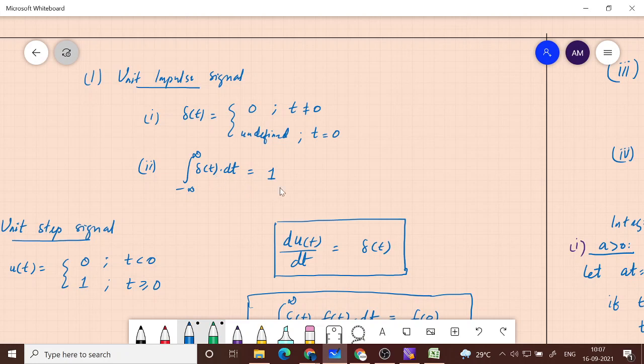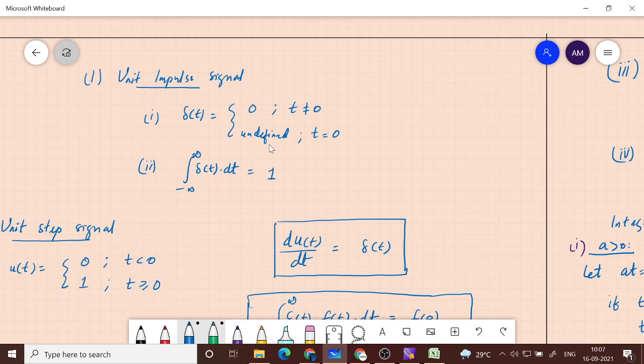When you integrate it, it has unit energy, or unit strength, inside. Here it is only at one point that there is an infinity. The width of the infinity portion is basically 0, negligible. It is infinitesimal, right?